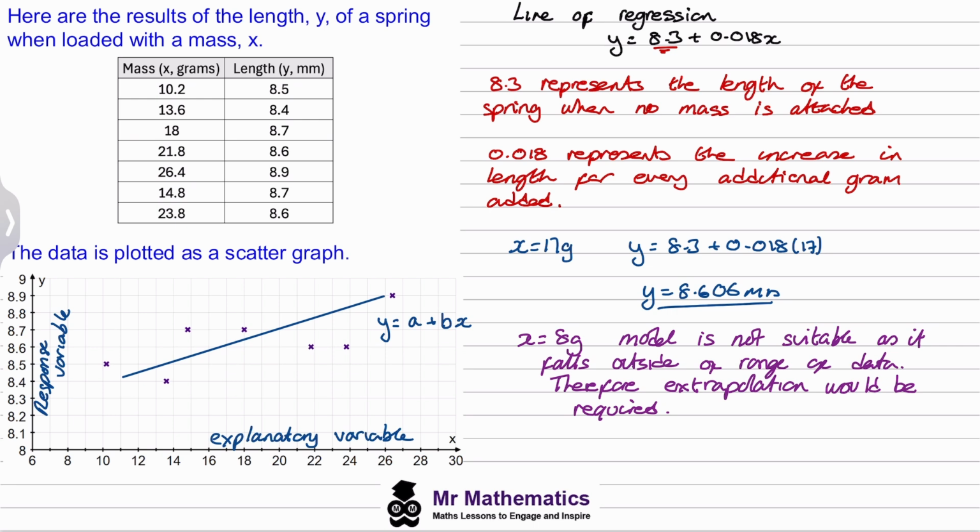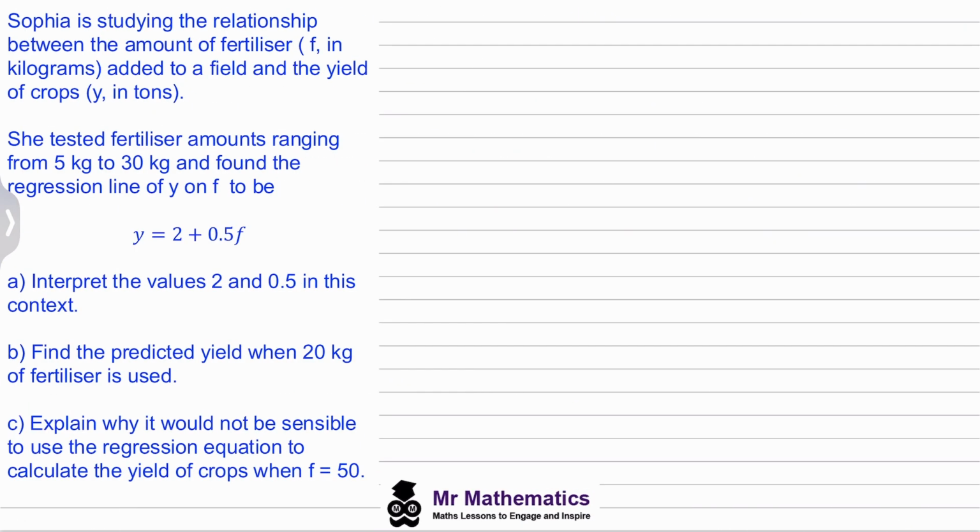Let's try an exam style question. Okay, so in this question, we're told that Sophia is studying the relationship between the amount of fertilizer, F, given in kilograms, added to a field, and the yield of crops, Y, in tons. She tested fertilizer amounts ranging from 5 kilograms to 30 kilograms, and found the regression line of Y on F to be Y equals 2 plus 0.5F.